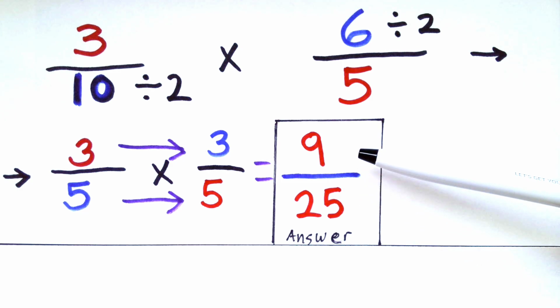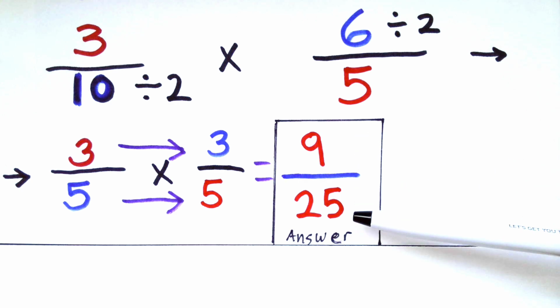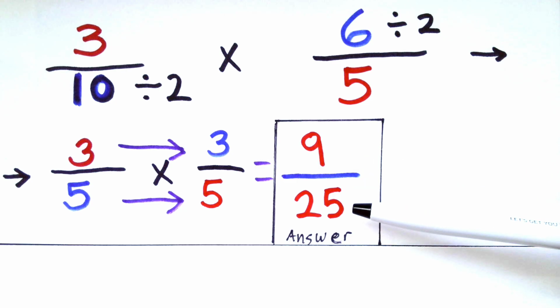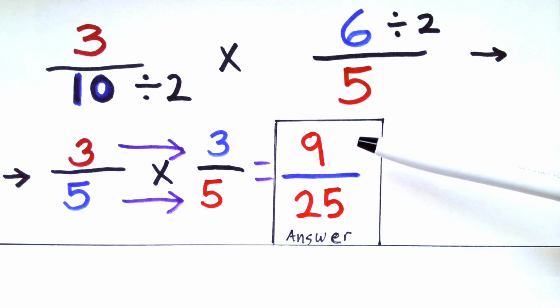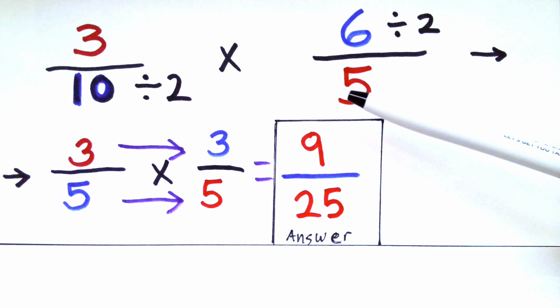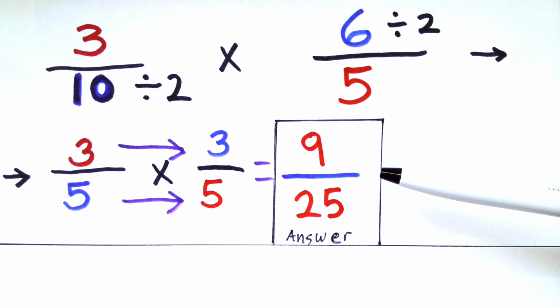Okay, so the next odd number is 5. 9 cannot be divided evenly by 5, but 25 can. 5 times 5 is 25. Okay, what about 7? No, 7 won't work. How about 9? 9 will work on the top part of the fraction, but 9 will not divide evenly into 25. All right, what about 11? Nope. 13? No. And so at this point, I can stop and I can say, hey, my answer is 9/25ths. This fraction is reduced as small as I can reduce this particular fraction.